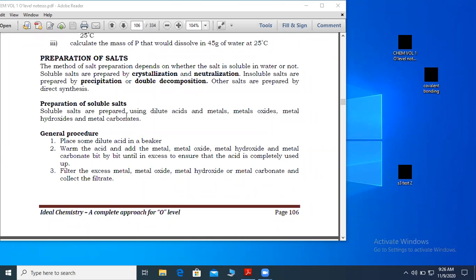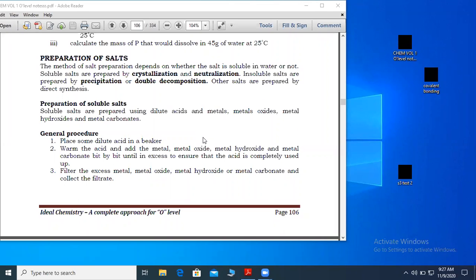All potassium, sodium, and ammonium salts are soluble in water. That was number 1. Anything that has potassium, sodium, or ammonium is soluble in water. It can dissolve in water. Number 2, all sulfates are soluble except 2 sulfates that do not dissolve in water. That is barium sulfate and lead 2 sulfate. But we also said that calcium sulfate is sparingly soluble.